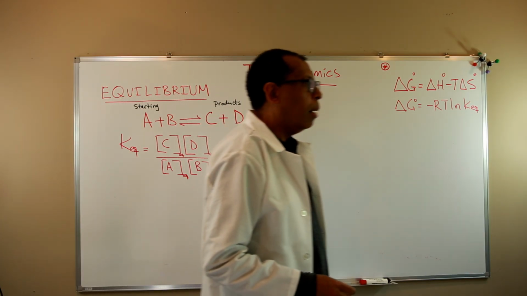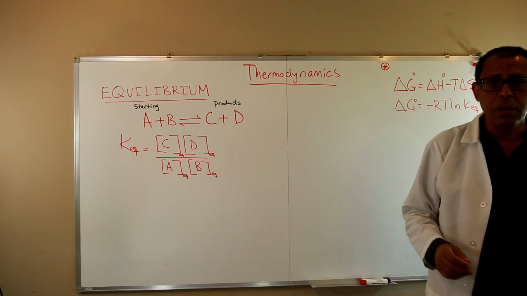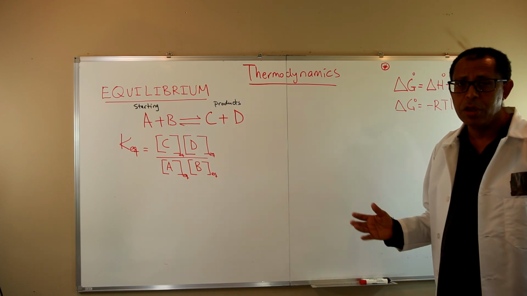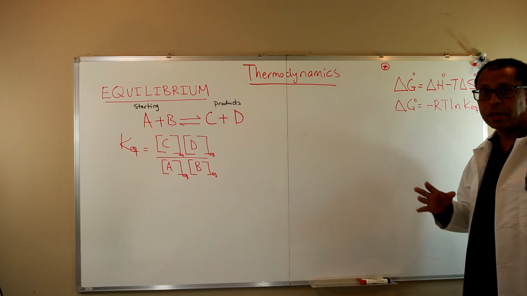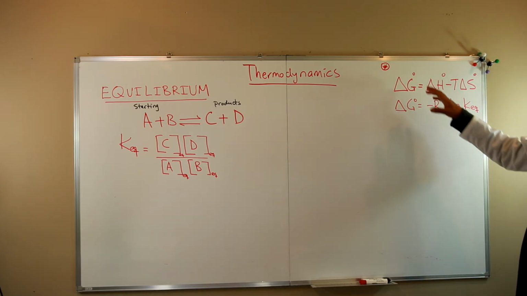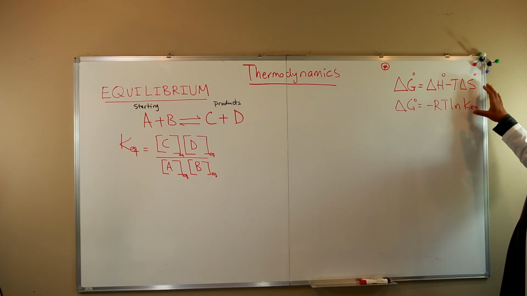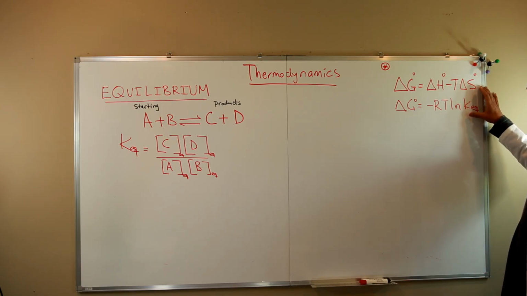So delta G is called the free energy of a reaction, and delta H is the enthalpy of the reaction. I want you to just keep in mind these two equations.